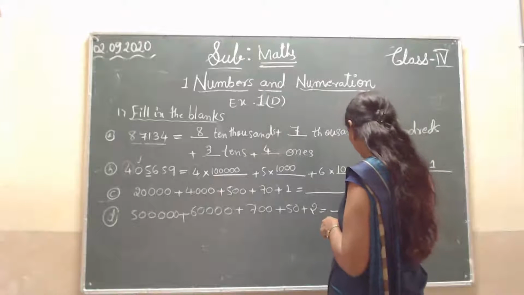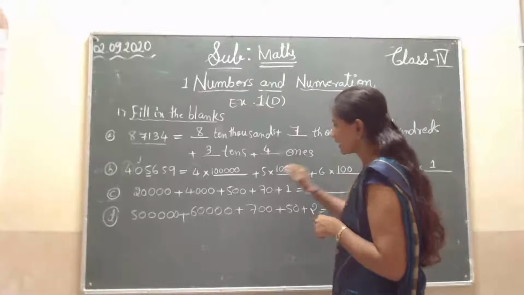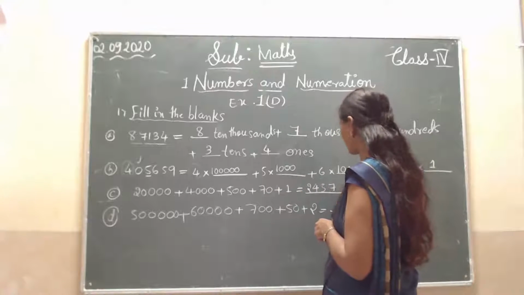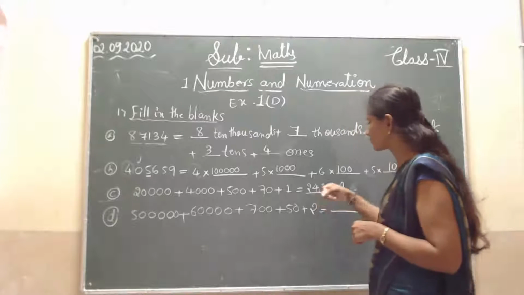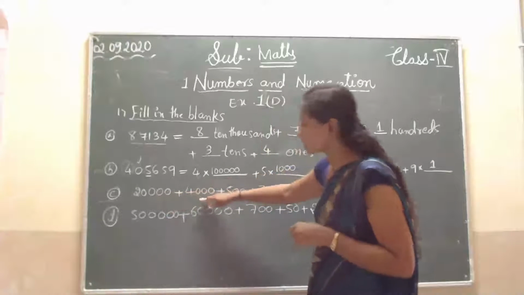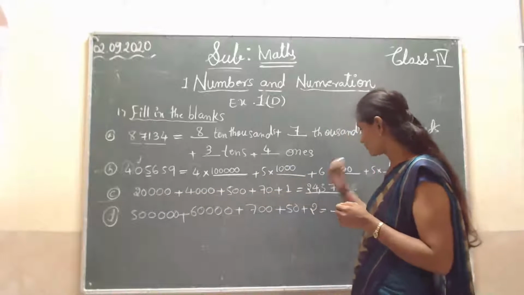At first we will write this. First you write 2. Next, how will you write the 4? Next is the 5. Next is 7. That is the 1. Just observe, students. So 20,000 plus 4,000, that is 24,000.